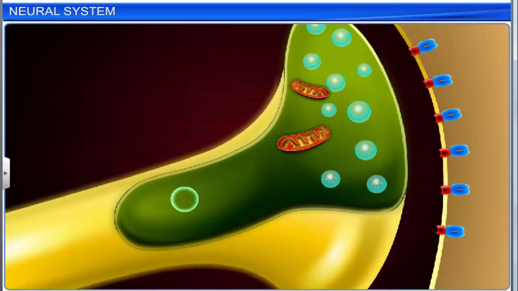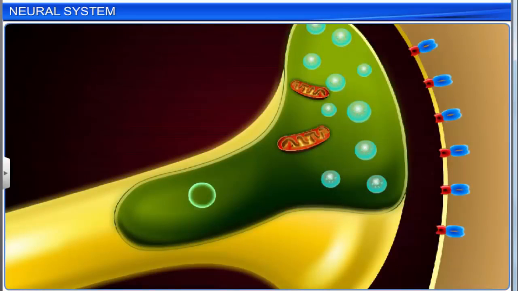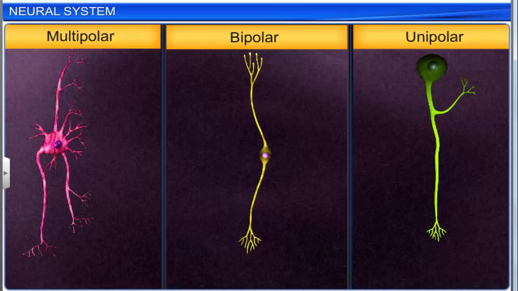The synaptic knob possesses synaptic vesicles, which contain chemicals called neurotransmitters. On the basis of the number of axons and dendrites, neurons are divided into three types: multipolar, bipolar, and unipolar.